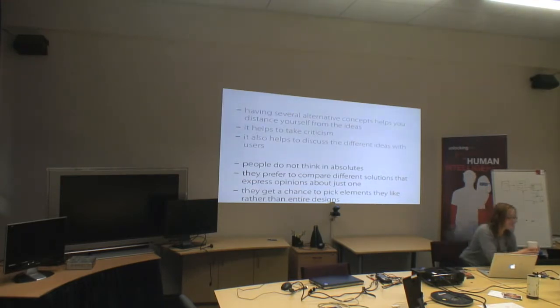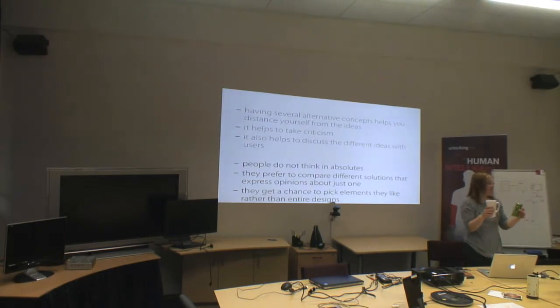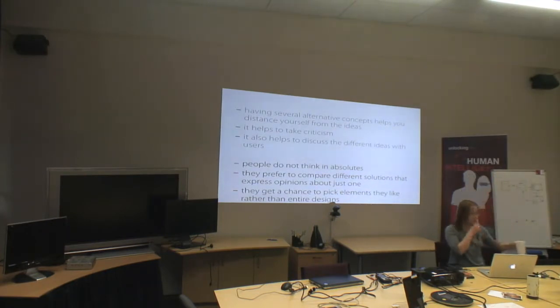But if I take this versus this, then these are both containers for a drink. But then you can say, okay, this one has this and this one has that, and then you suddenly start comparing them, and it gives you more and more information about the good and bad qualities of what you are designing. So basically, as people, we love to compare things. We are really good at that. We are terrible at thinking in terms of one solution.